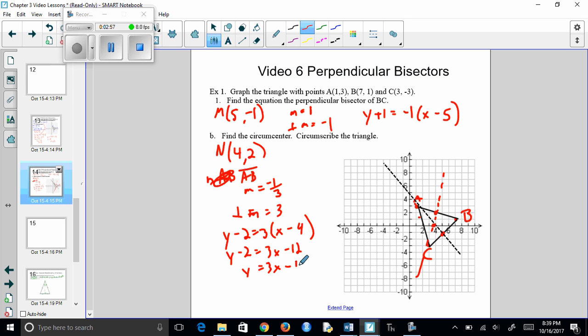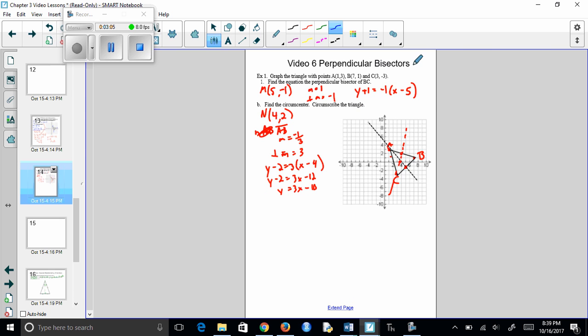Wonderful. So now our last step is to actually find the point that we're dealing with. So I'm going to take my value over here and substitute it for y. I'm going to say I have 3x minus 10 is equal, oh, I forgot about my plus 1, because it's y plus 1, is equal to negative x plus 5.